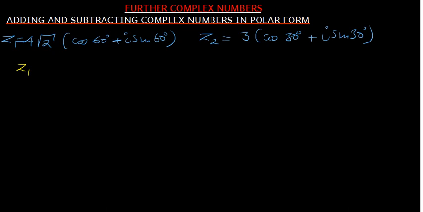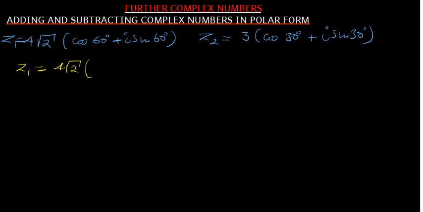Well, it will be very simple first to write these two complex numbers in rectangular form. The rectangular form is a form in which a complex number exists in the form a plus ib. And so what we are going to have is 4 root 2 here.